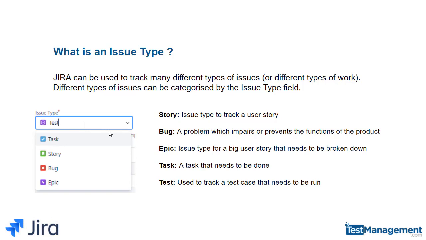And each project template or each project you configure can have different issue types, but in a standard Jira software project you'll have issue types like story, used to track a story or requirement, a bug, which is an issue or defect that you found in your software that you need to fix, epics, tasks, and even tests if you have certain Jira plugins.